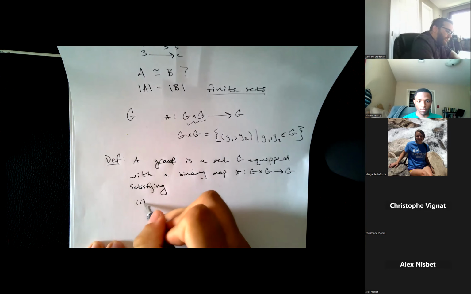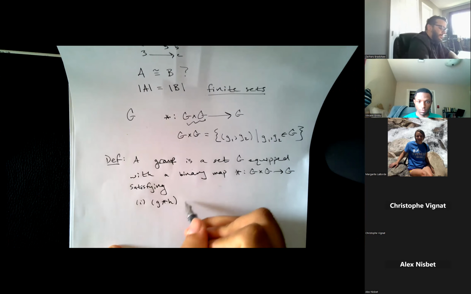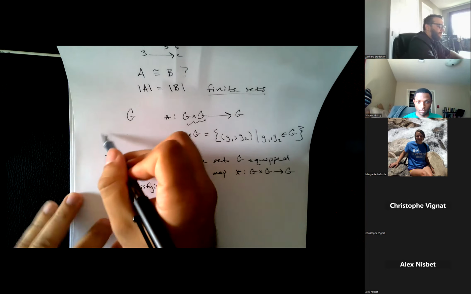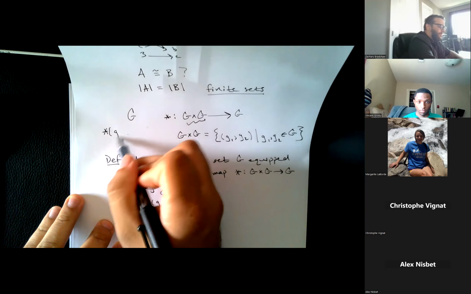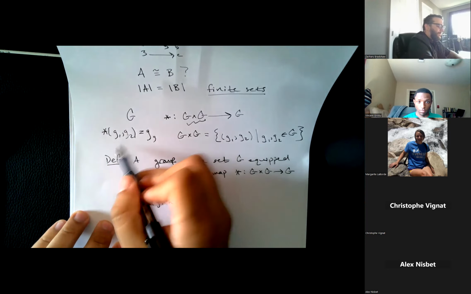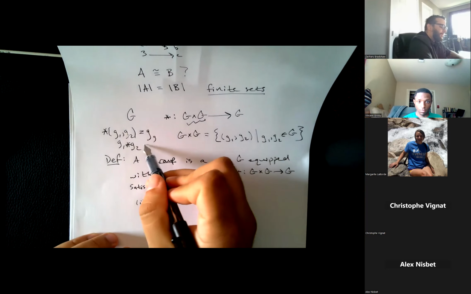First is called associativity. The way I'm going to write the action of the binary map is by writing the map in between the two things it's acting on. So instead of writing star of G1, G2 equals, whatever, G3, I'm going to write G1 star G2, just like we do with addition, multiplication, and so on.